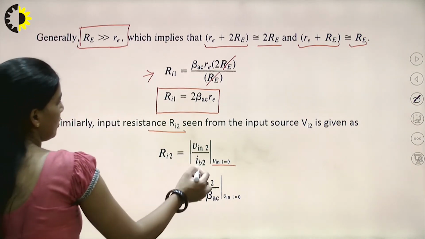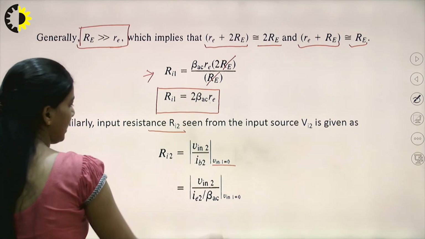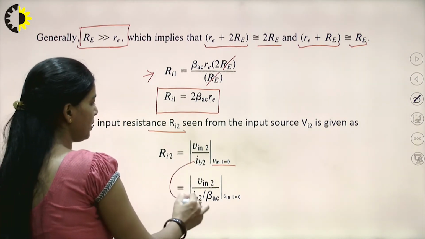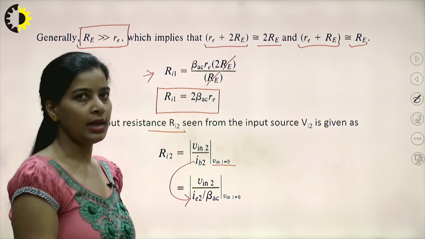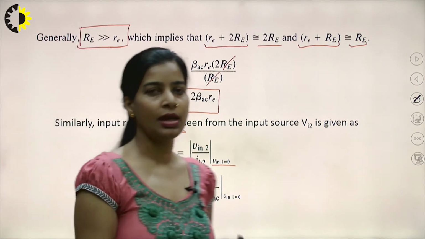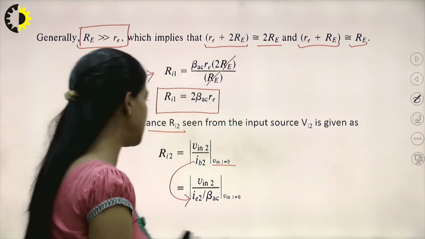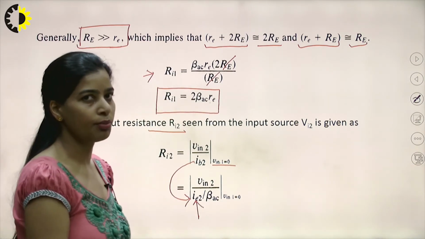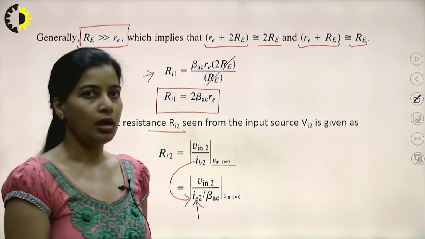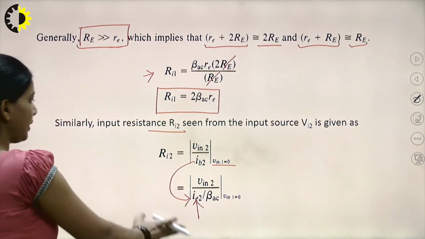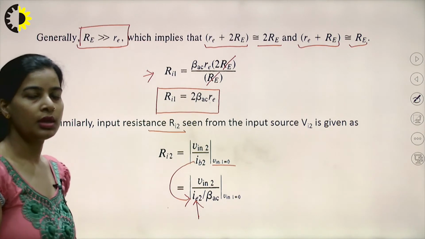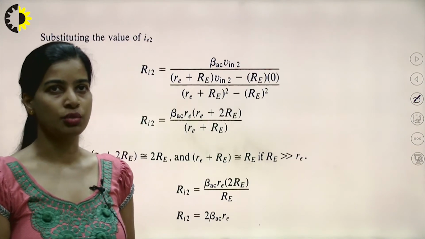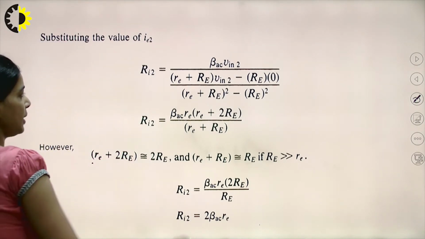IB2 is not known, but we have calculated IE2, so we can replace IB2 by IE2 by beta. Here we can put the value of IE2 and get the final expression of input resistance 2, from input side 2. The same thing is done here.